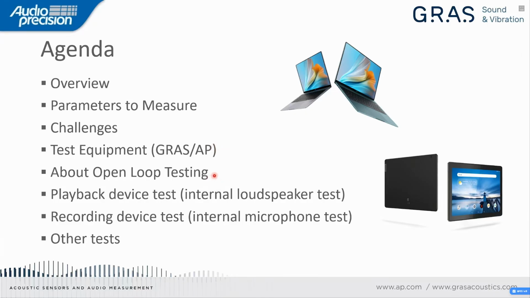We'll talk about open loop testing that is very important, again, for this application. And then we'll show you how to test the internal loudspeakers and internal microphones of the laptops and tablets. We'll also talk about noise measurements and other types of tests that we can do here.